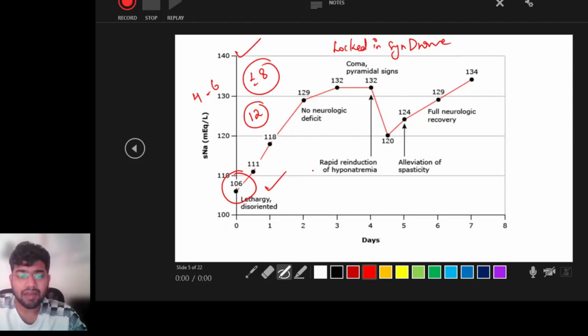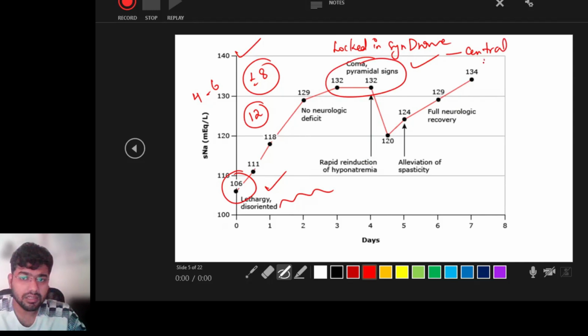So after 2 or 3 days, there was nothing. But on the third day, the patient developed pyramidal signs and he also developed coma, and this progressed into what is called locked-in syndrome, where there will be demyelination in the central pons. This leads to what is called central pontine myelinolysis.